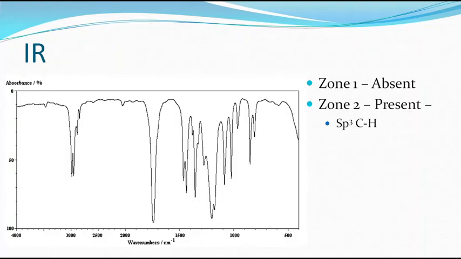It is not an acid because it is not broad, and it is not an aldehyde because the 2700 peak is absent. Therefore it is clearly sp3 CH stretching. Zone 3 is absent, we don't bother about that.